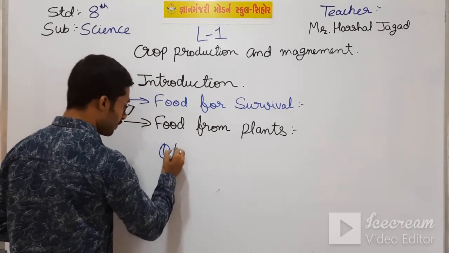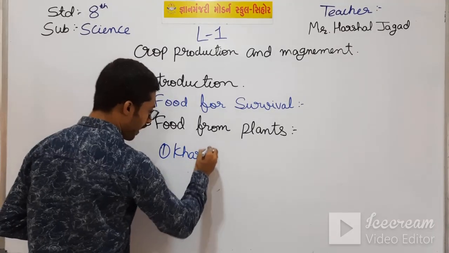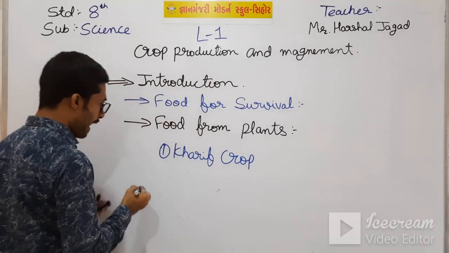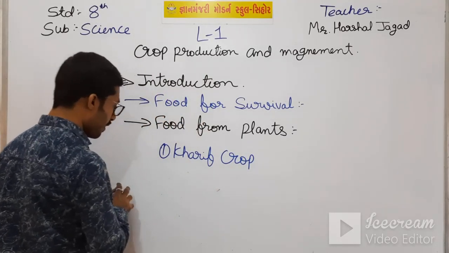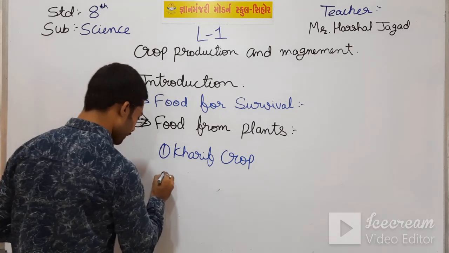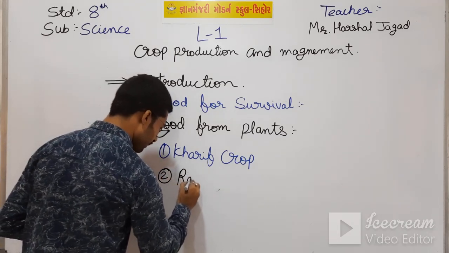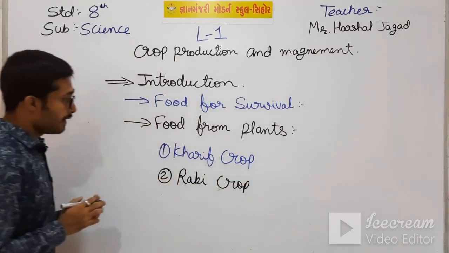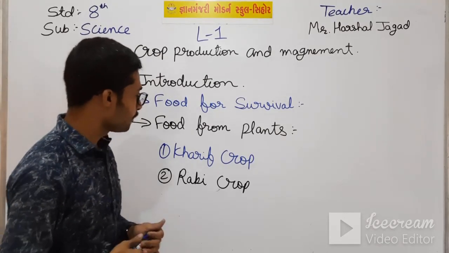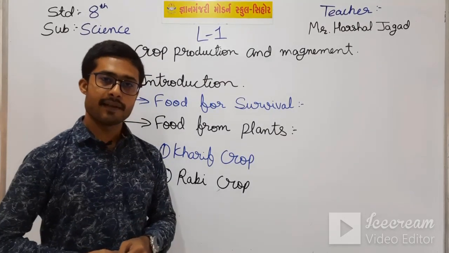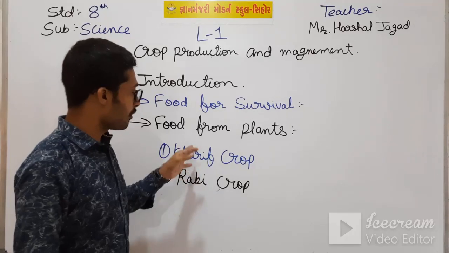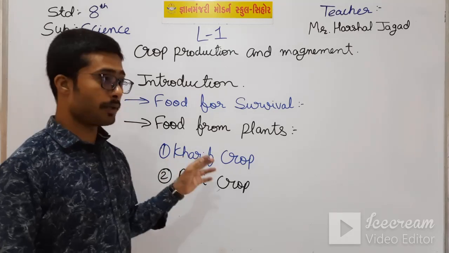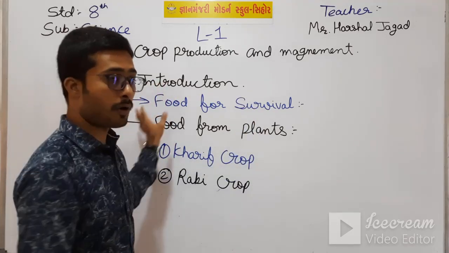First it was Kharif crop, okay students, and then the next one was Rabi crop. We studied in the previous lecture the differences between Kharif crop and Rabi crop.